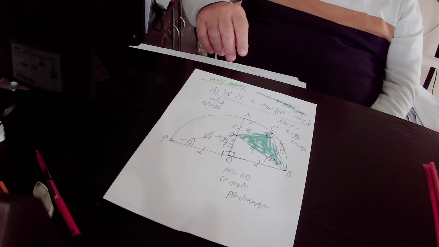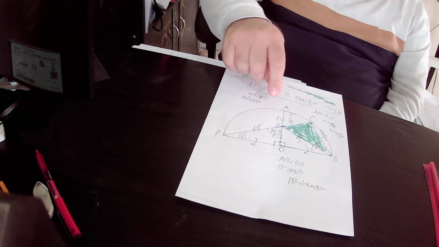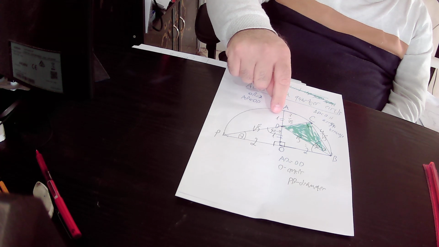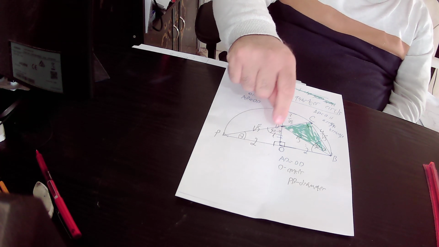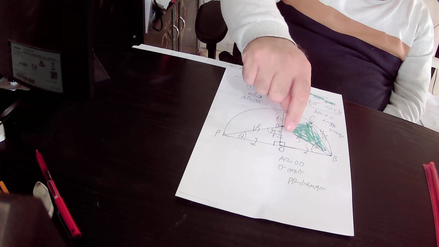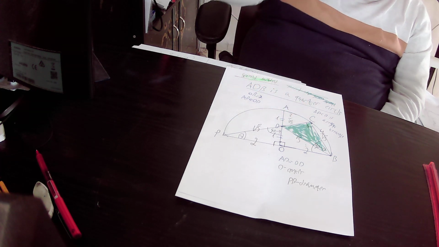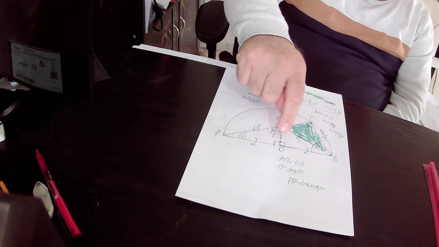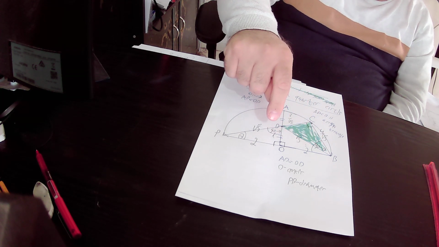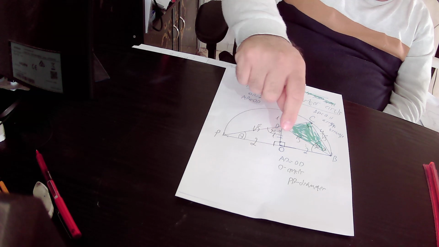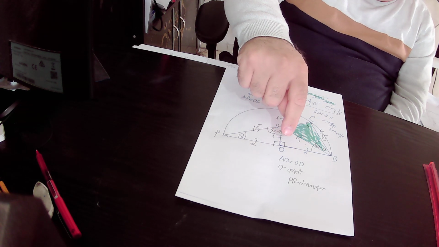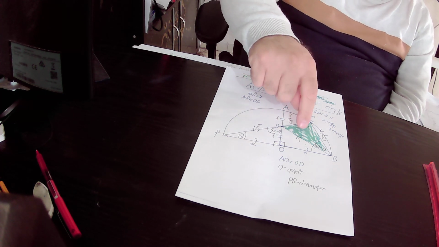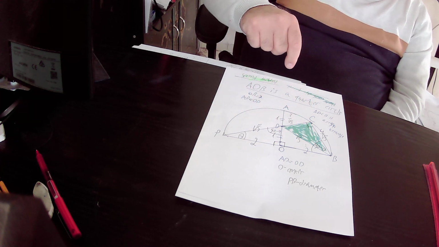Here we already found out in the first method that AD equals 1 unit, DO equals 1 unit, this angle equals 90 degrees, and the radius OB equals 2 units. The center of the quarter circle is at point O, this point. We completed the quarter circle to a semicircle.